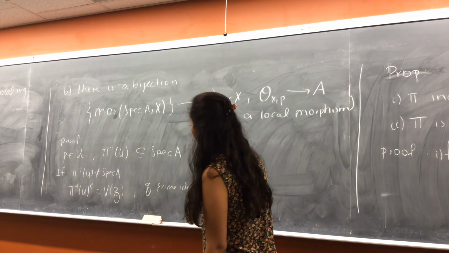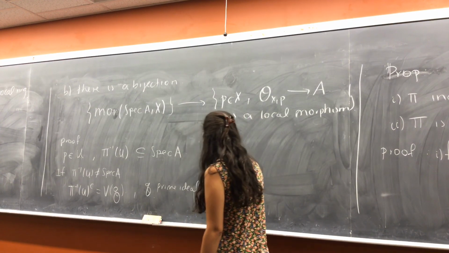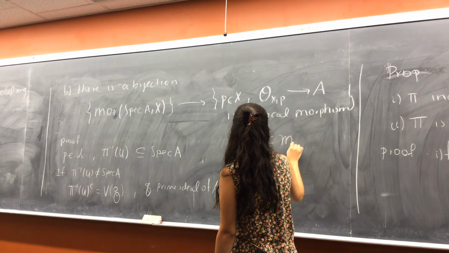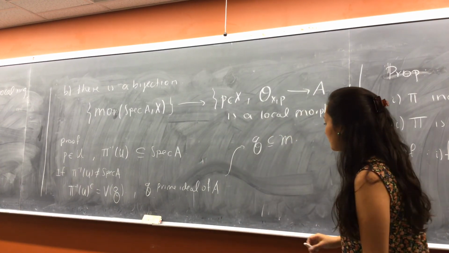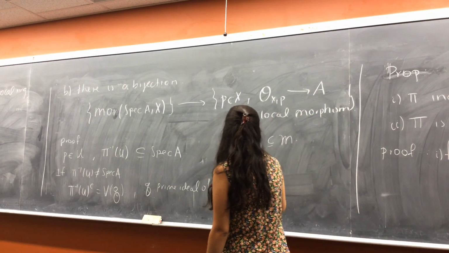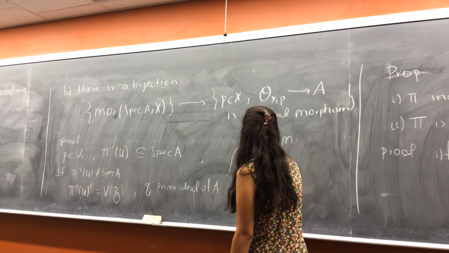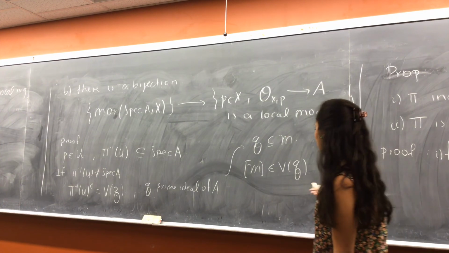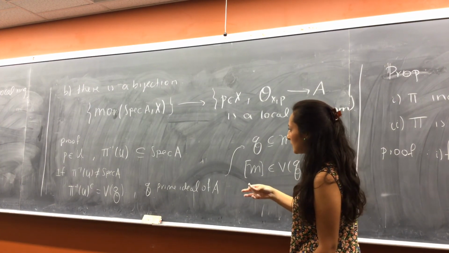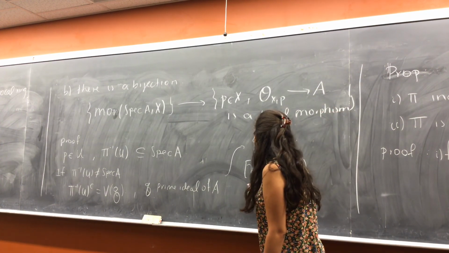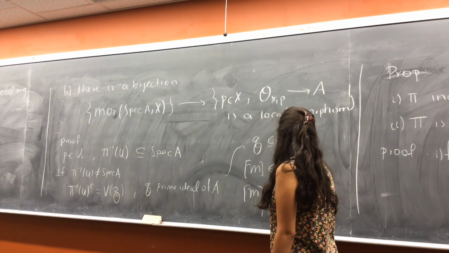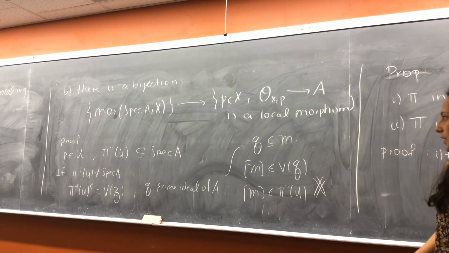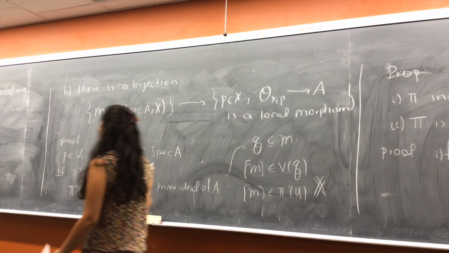But if it's a prime ideal in A, it is inside of M. So Q is contained in M. And it means that the point M belongs to V(Q), but this is the complement of the preimage of U, and M actually is in the preimage of U. So this cannot happen. So actually the preimage is the whole space, Spec A.